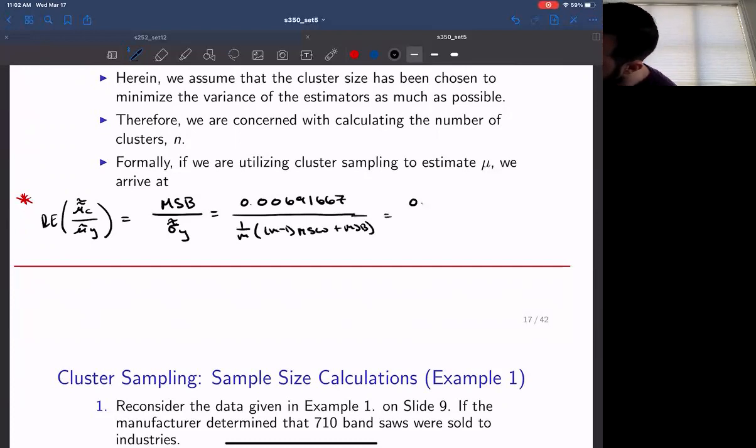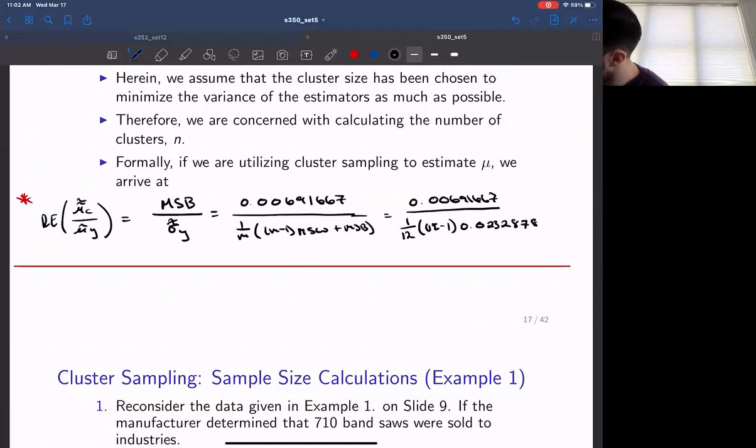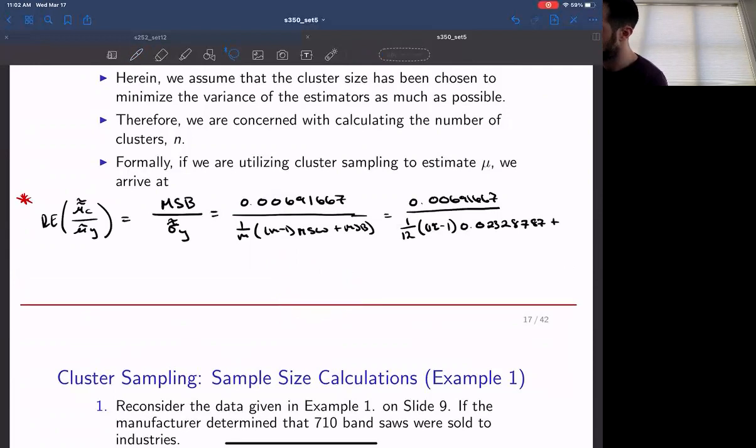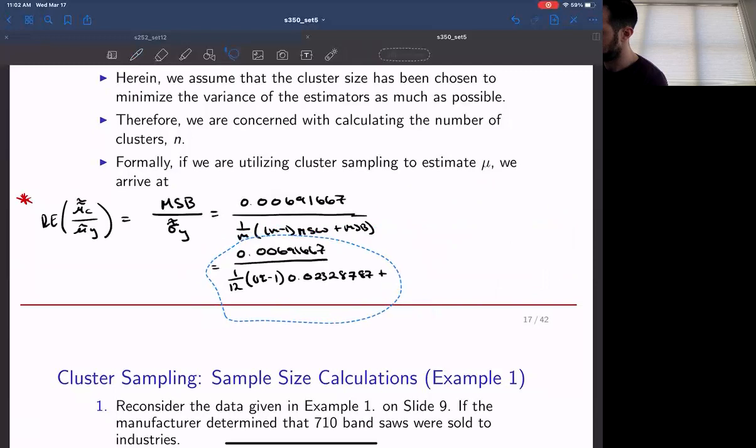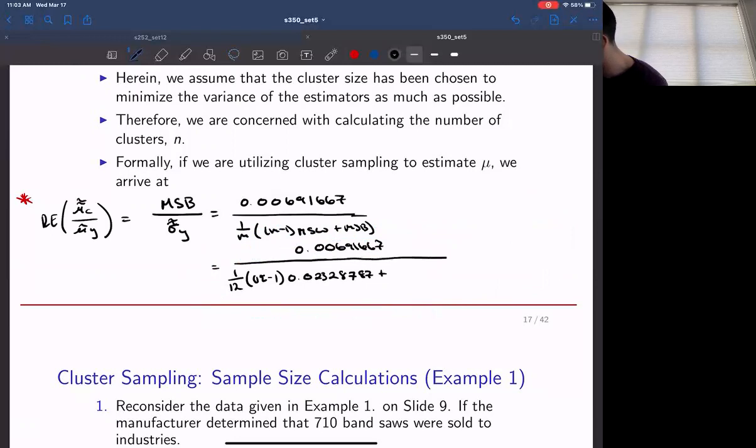So this gives us 0.0069167 multiplied by 1 over 12 multiplied by 12 minus 1 times 0.023288787 plus what we have above.